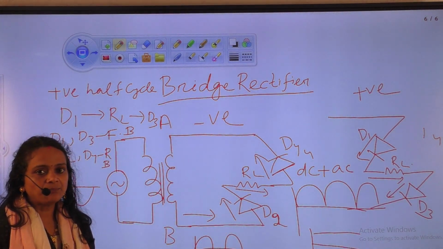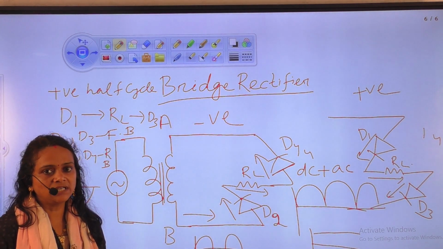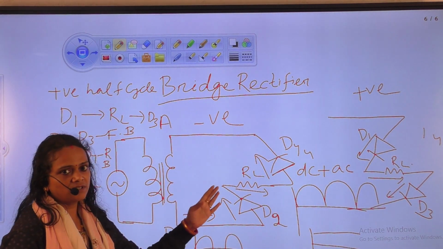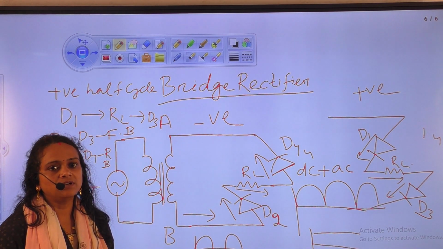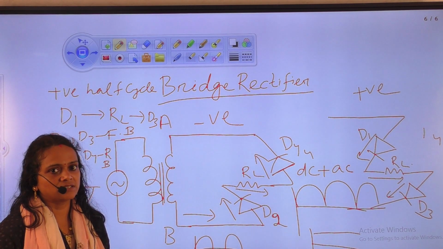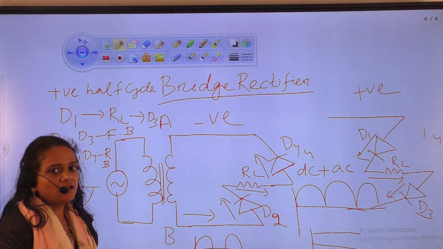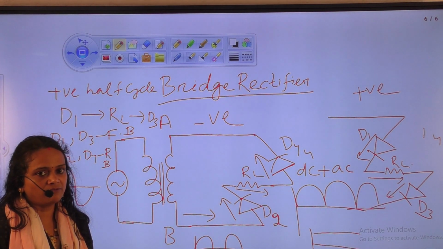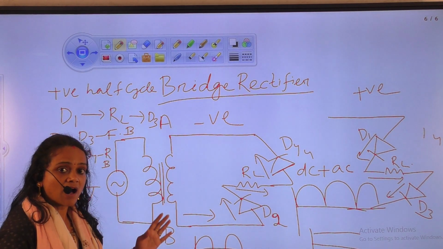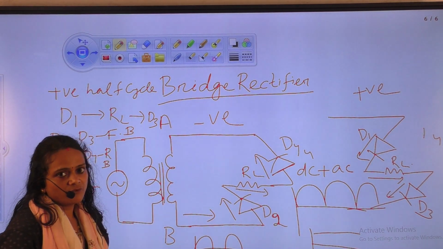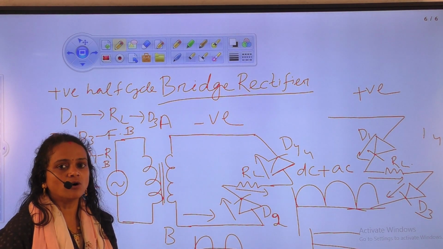To get a pure DC signal, we have to use filter circuit after rectifier circuit. So in the next class, we will discuss about the filter circuit. Okay. So if we compare the full wave and half wave, then the efficiency of rectification is higher in full wave rectifier than half wave rectifier, and output gain is also higher.